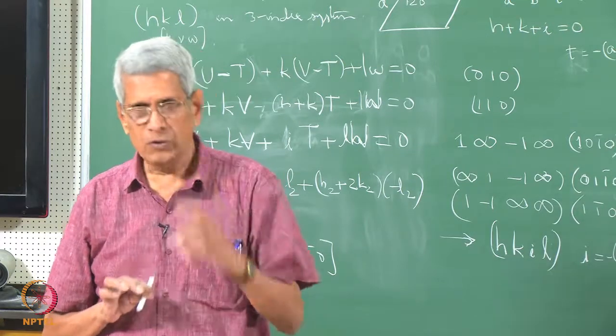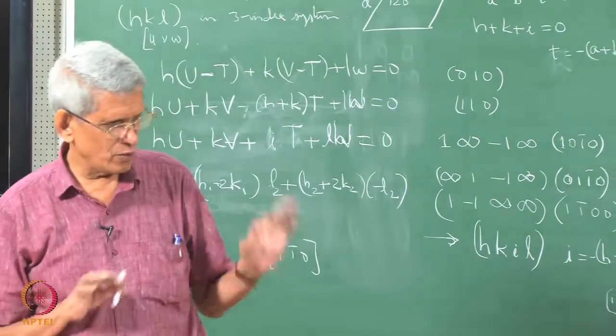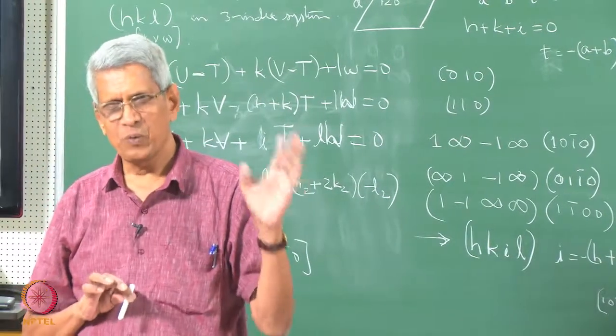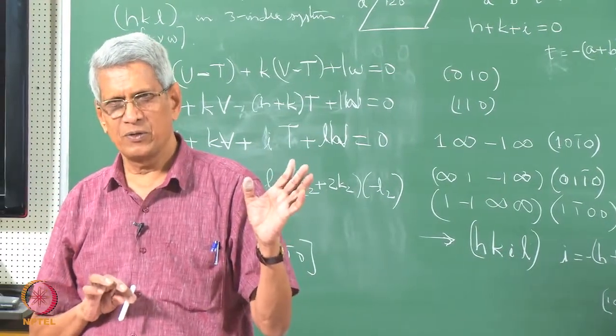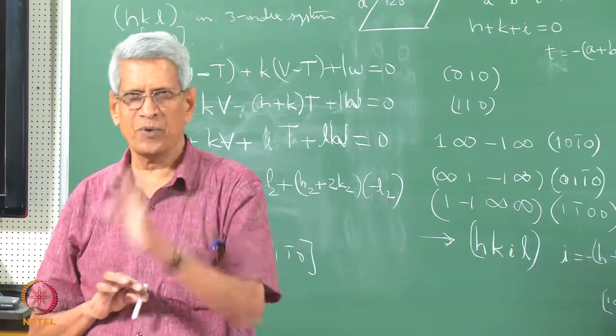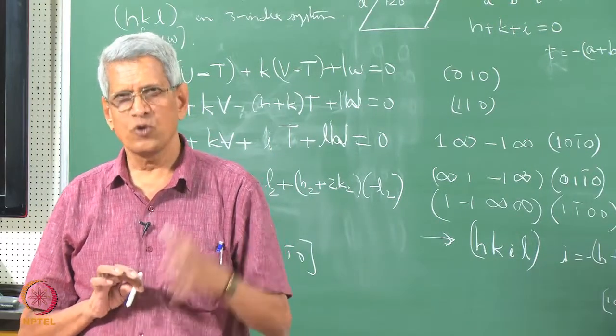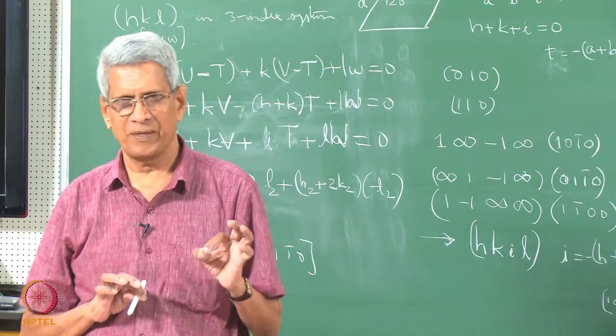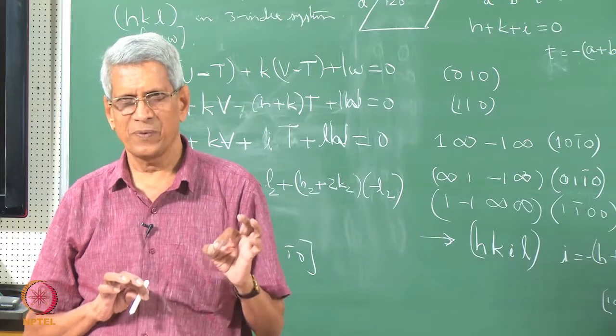So, essentially in today's class what I have shown is how to go from one indexing system to another, starting from the cubic, the 3 index system, which is normally used to represent all crystals.